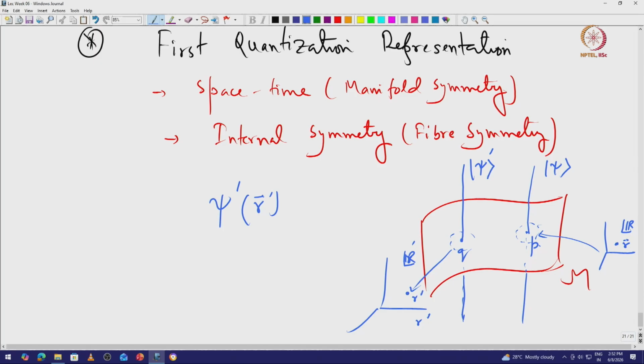Okay. Remember that this belongs to some fiber, some frame.